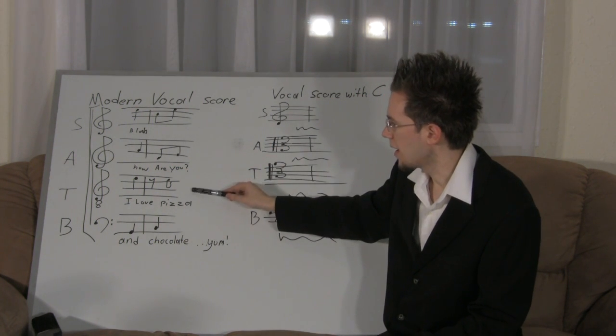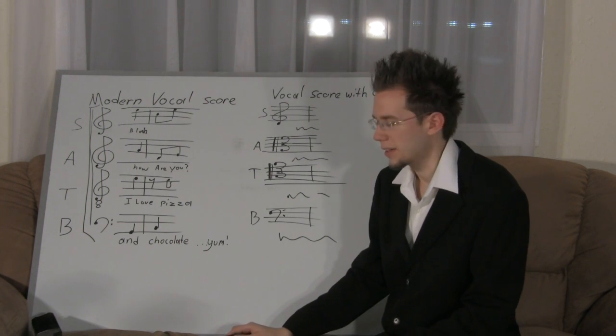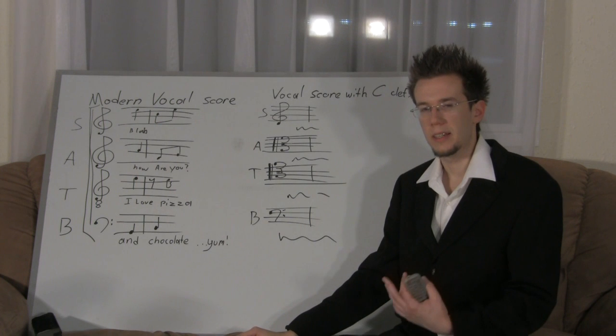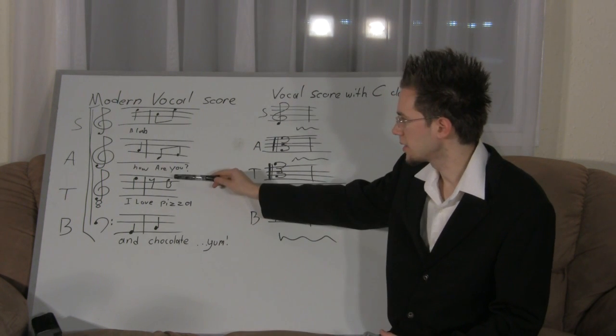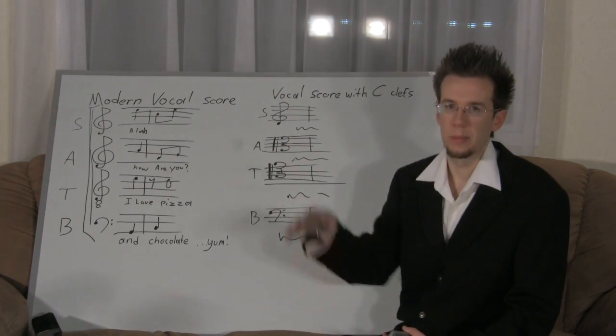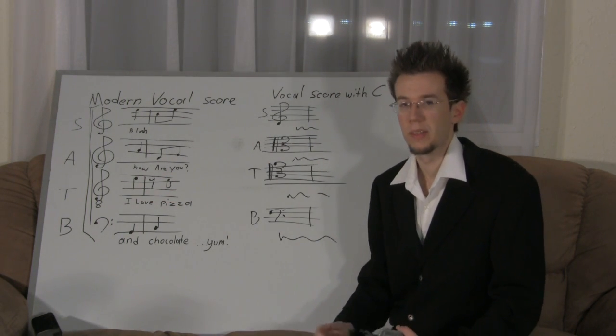Now, below that, we have a tenor clef, or not a tenor clef. This is a treble clef with an 8 on the bottom. And so what that does is it's saying that whatever you write, play it an octave lower. So it's like the 8 brings it down another 8.